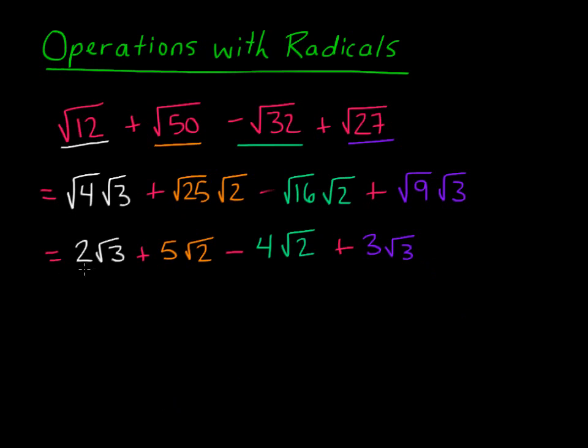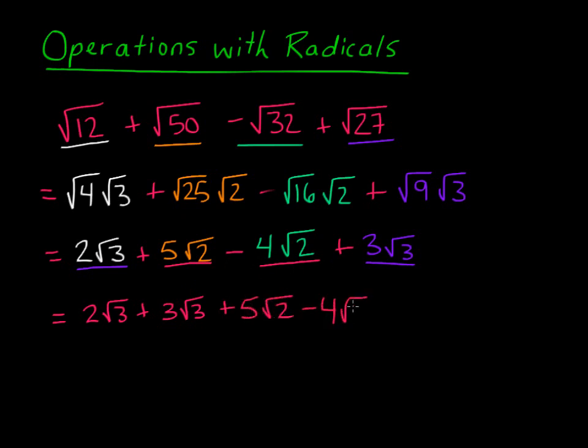So we've got this term here that's got a root 3 in it, and this one's got a root 3, and so we can combine those. So 2 root 3 plus 3 root 3. I'm just going to write them together for now. And we've got similar radicals here, so we can write those ones together. 5 root 2 minus 4 root 2.